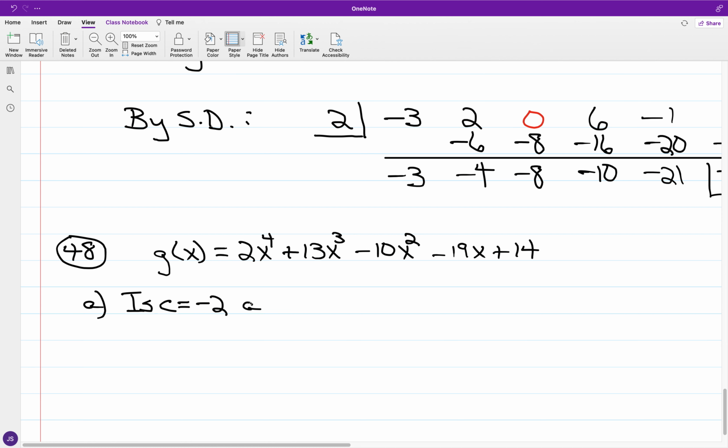Another way of asking this is, is x plus 2 a factor of g of x?